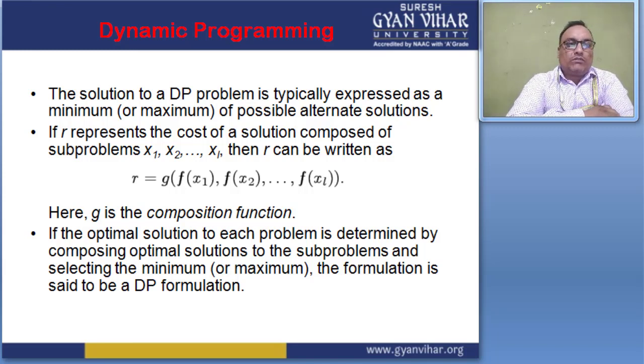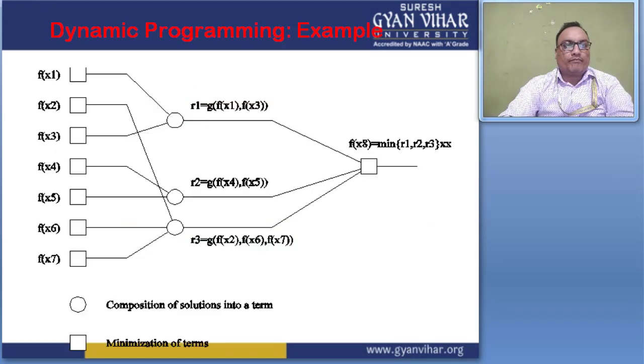If the optimal solution to each problem is determined by composing optimal solutions to the subproblems and selecting the minimum or maximum, the formulation is said to be a dynamic programming formulation. For this, we can give different types of solutions and we meet different types of constraints. So we move to the next slide.